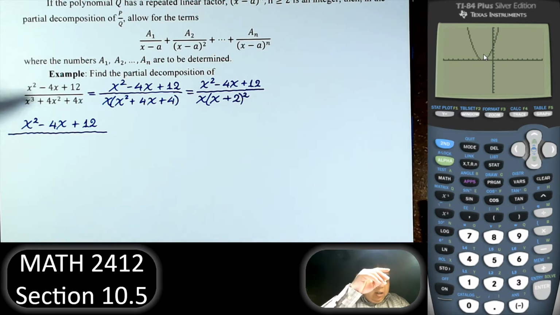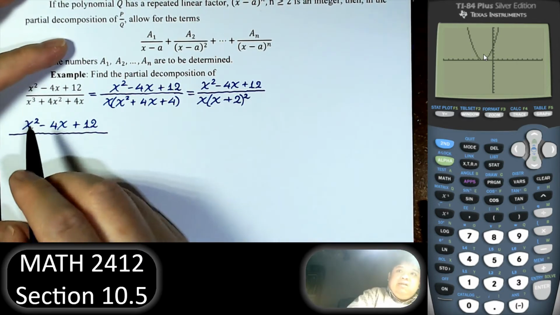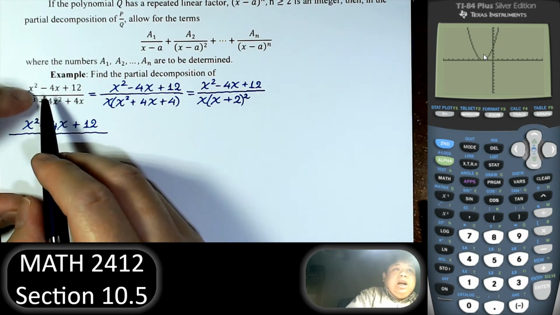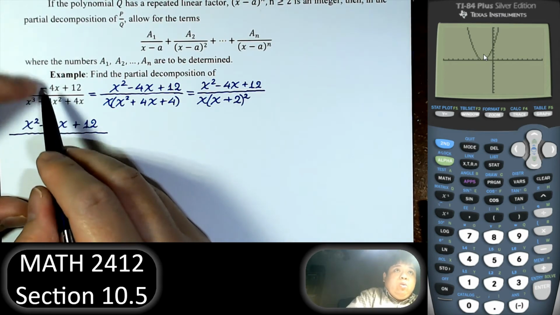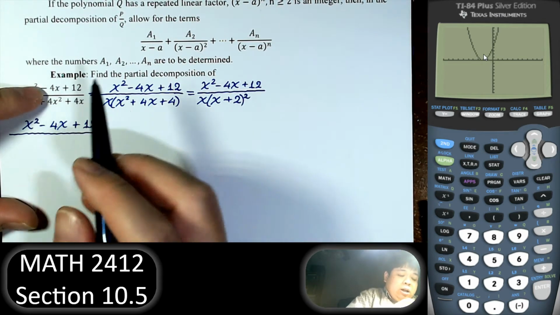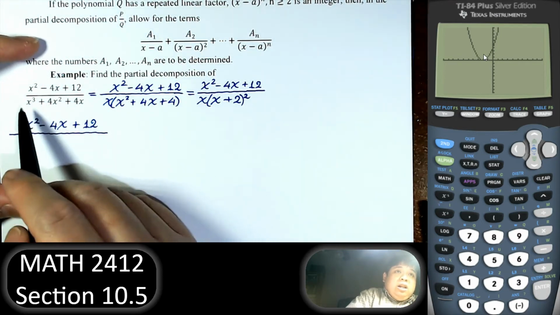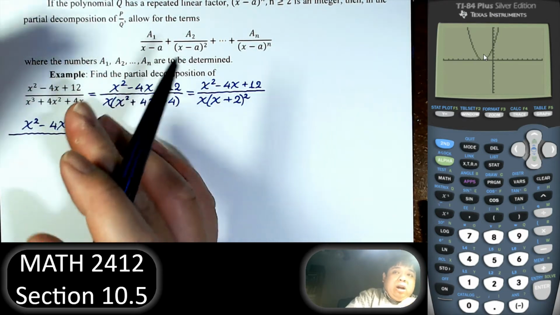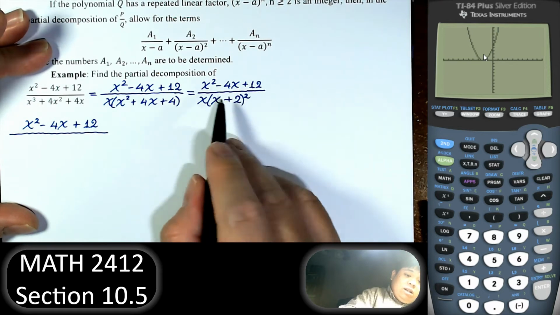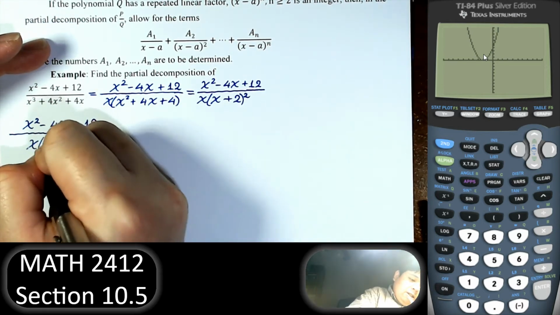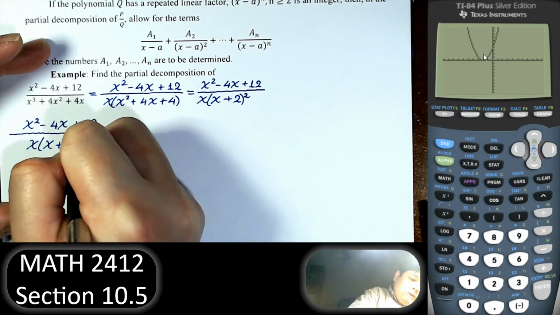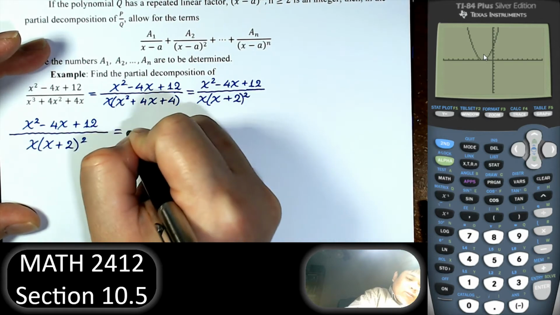By the way, make sure that the degree on top is less than the bottom. That's what we should have. If the degree on top is equal or bigger than the bottom, we can always divide the top by the bottom, and then we only decompose the remainder. Right. Have x and x plus 2 squared.